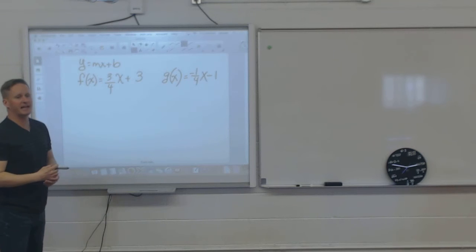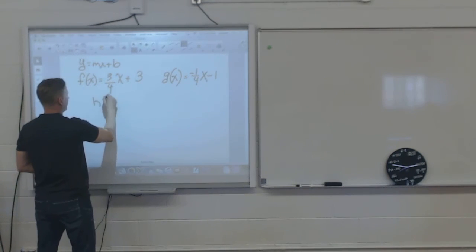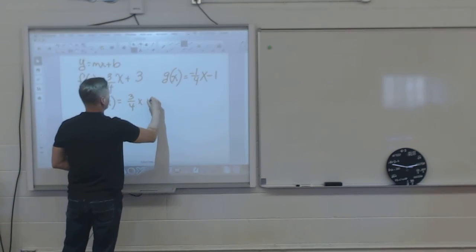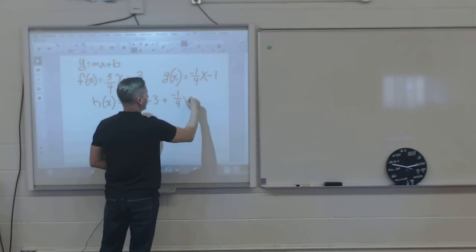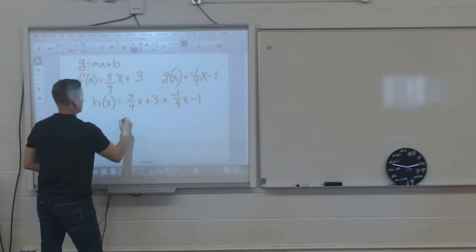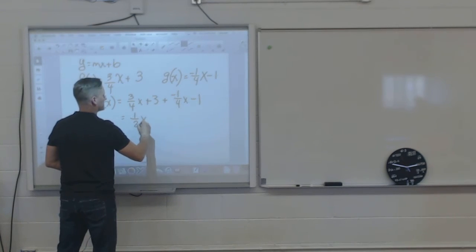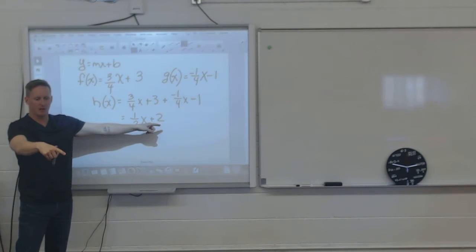Okay, so I'm going to add those together now. So h of x equals 3/4 x plus 3, add negative 1/4 x, subtract 1. What does that give me? 2/4, so 1/2 x plus 2.